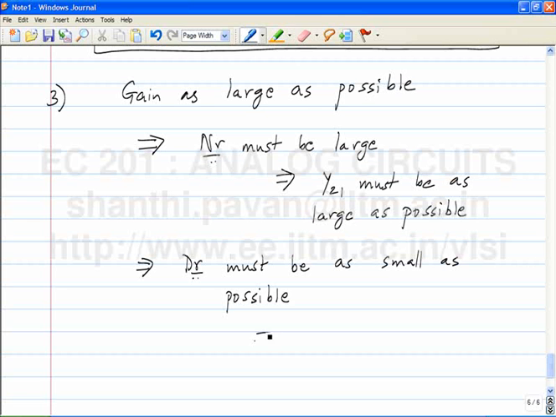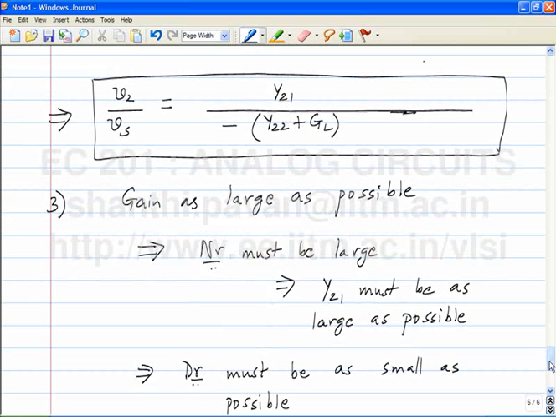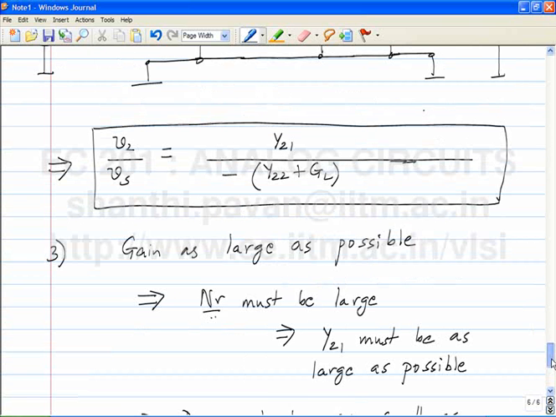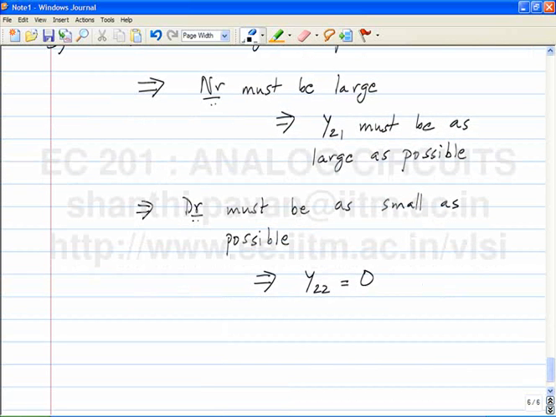We have hardly any control over GL, because that's the load. So how can you make the denominator as small as possible? You make Y22 0. So now that massive expression for gain has become V2 by Vs equals minus Y21 by GL.